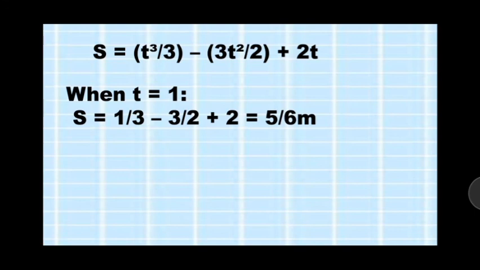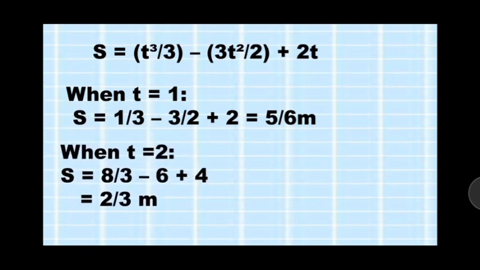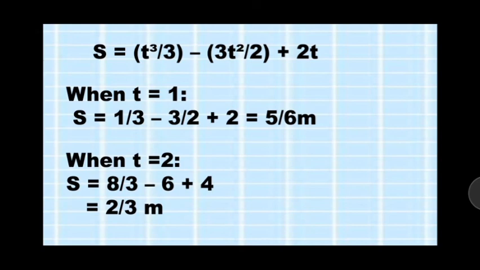If I put 1 in that equation, I have what I have on the screen. So my answer is 5 over 6 meters. Then if I substitute the other one, when t is 2, and I substitute in that same equation of s at the top of the screen, I have 2 over 3 meters.